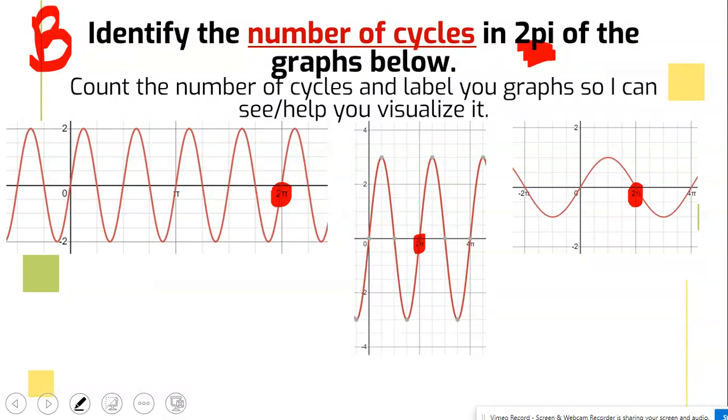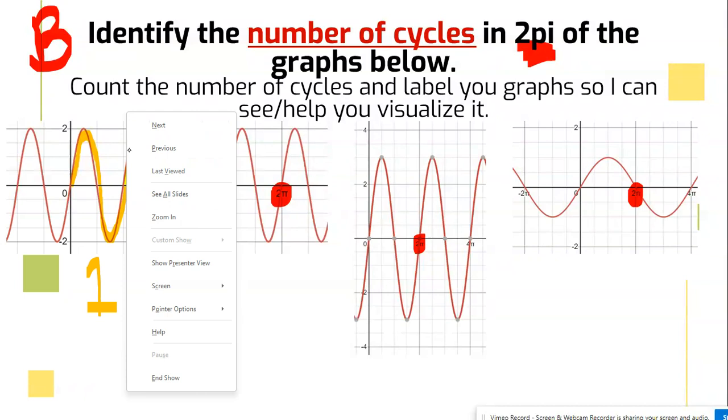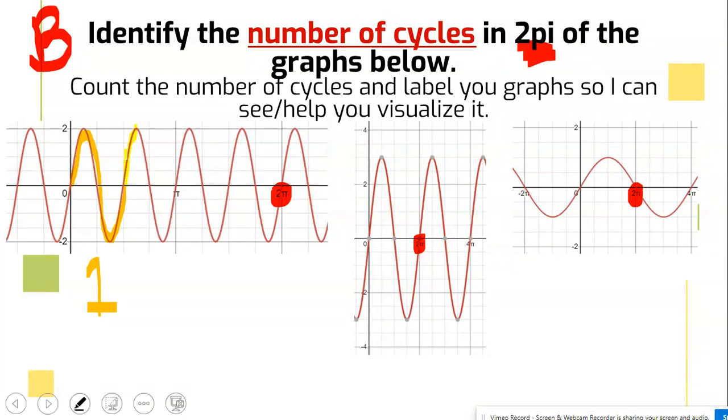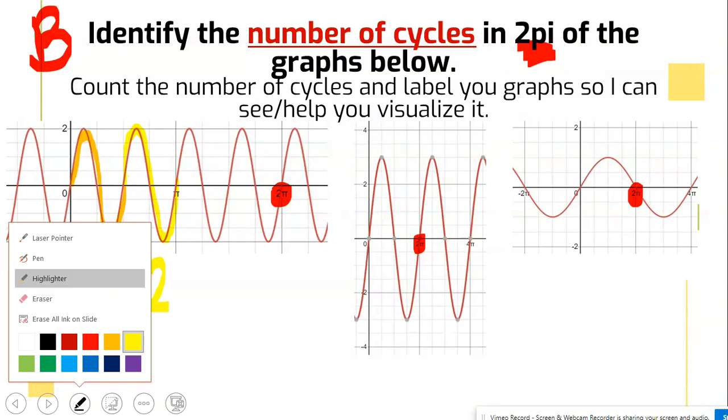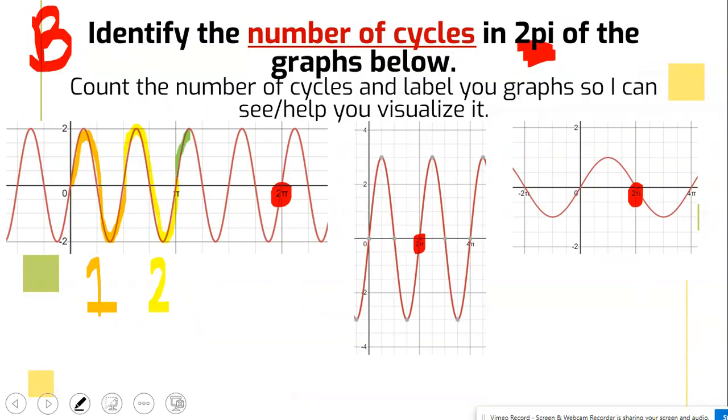We're literally just going to count. On our first graph here, there's obviously a bunch, more than one for sure. We're going to start at 0, and here is one cycle of sine. That's 1. Then the next cycle of sine, there's 2. Then the next cycle of sine, that's my third cycle.